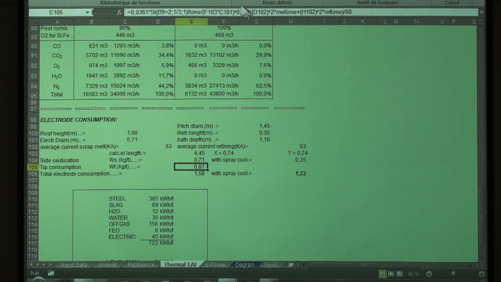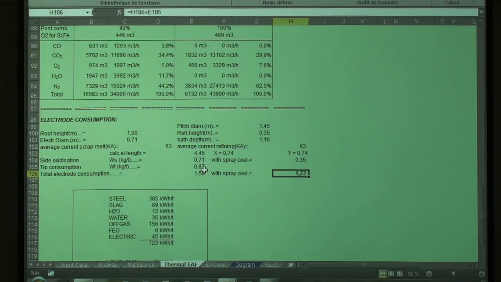This is at this power. This is a complicated formula from Mr. Bowman. Again, the same Mr. Bowman from the refractory index. You find this formula in any books. So this is the total without spray cooling, and with spray cooling.